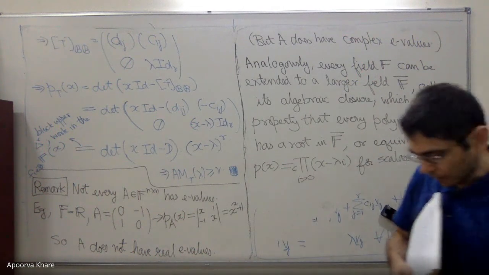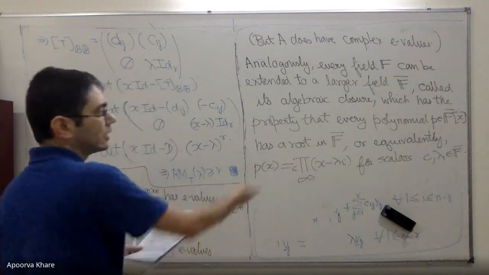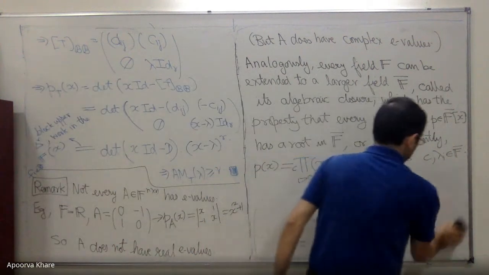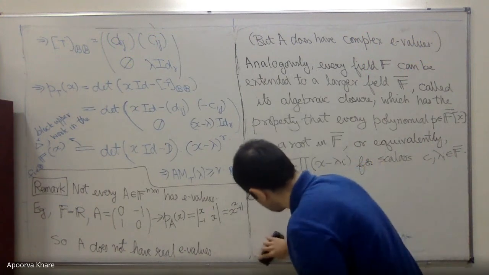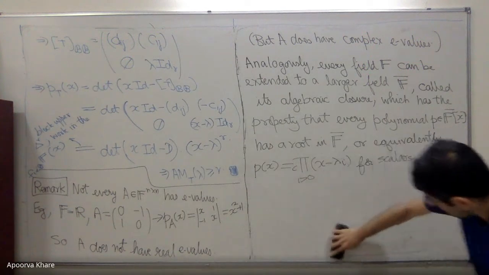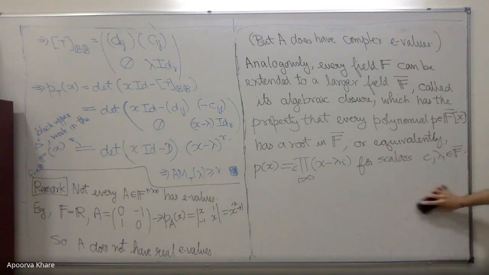So every polynomial basically factors like this, or equivalently, it has a root. And therefore, over F bar, if you take any matrix A over F bar, then of course all the eigenvalues exist.